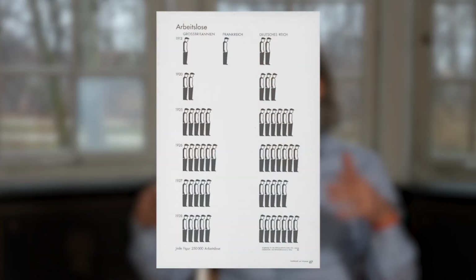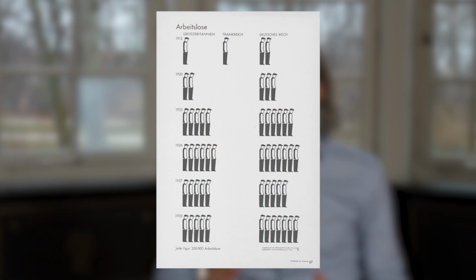The idea was to address less privileged people, especially the working class, to empower the working class politically. It worked with so-called speaking signs. That means you recognize a symbol by looking at it. For instance, the figure of a man with a worker's cap and hands in his pockets represents an unemployed man.